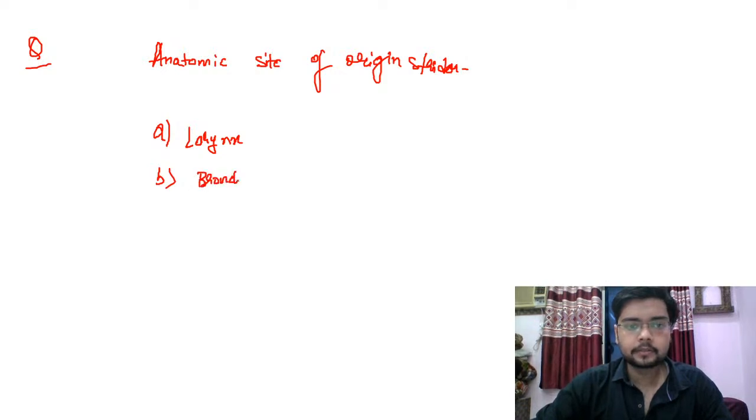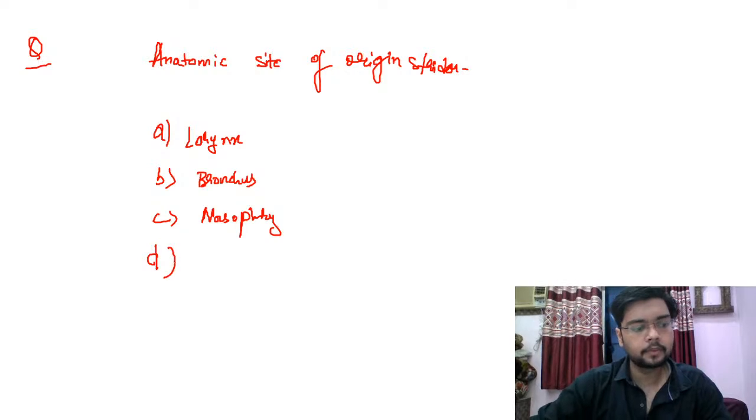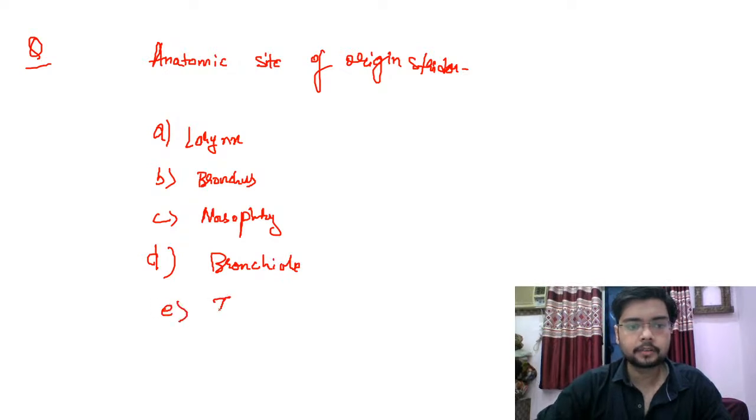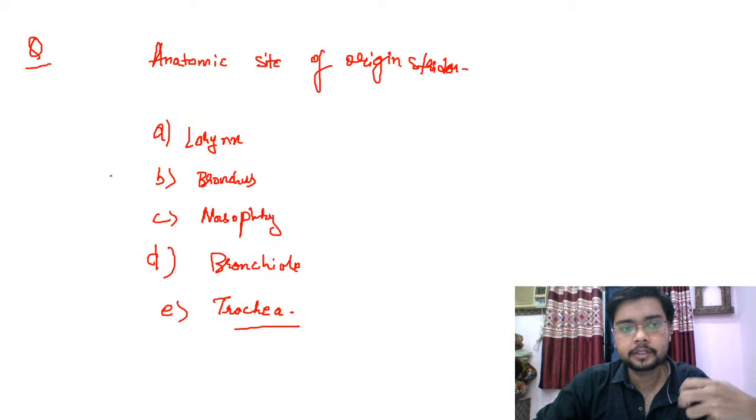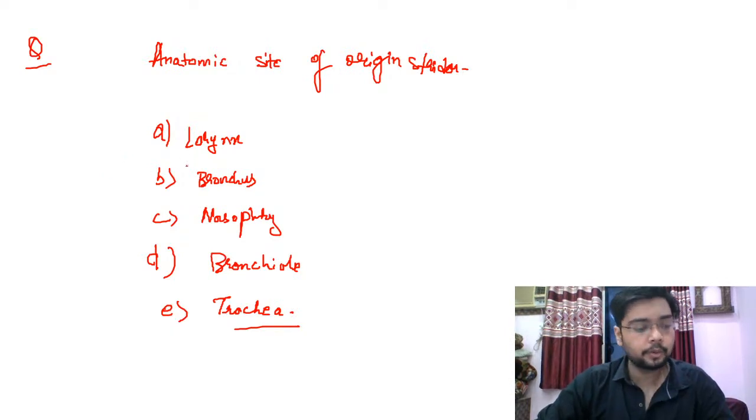Bronchus, nasopharynx, bronchiole, trachea. This question one cannot answer if he doesn't know the basis of stridor and how it originates.